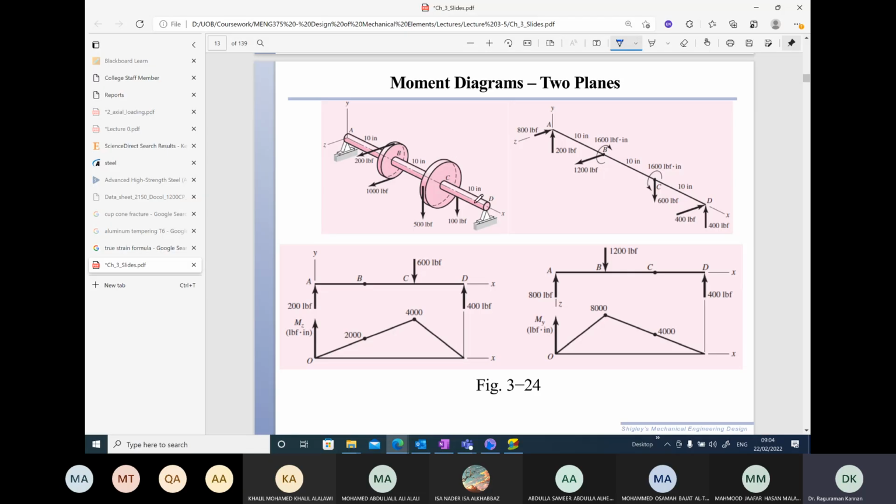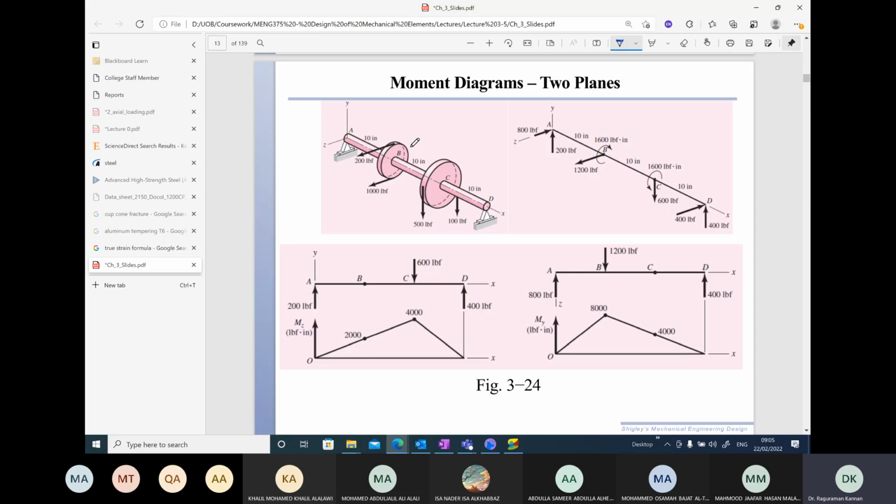We can split this problem using the principle of superposition. What is the principle of superposition? If you have 2 forces acting on a member, you can treat the problem one force at a time. So basically, I can take this shaft, consider only the force at B and neglect the force at C, and solve this problem separately.